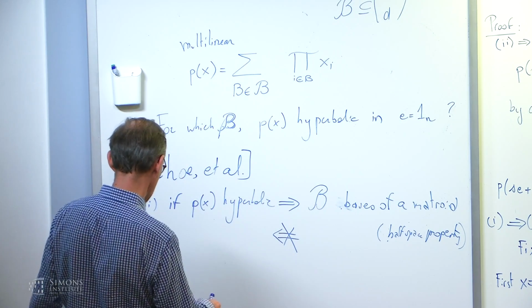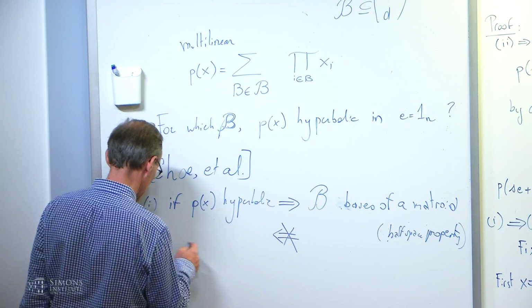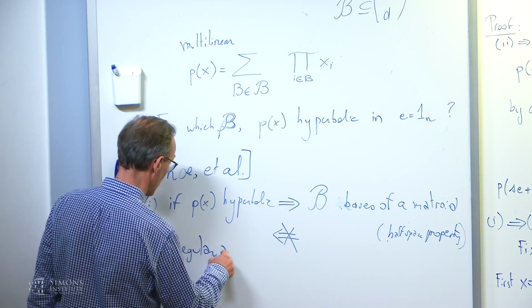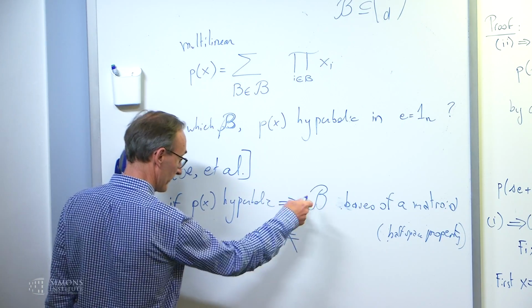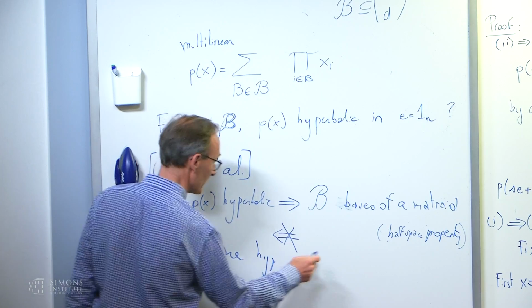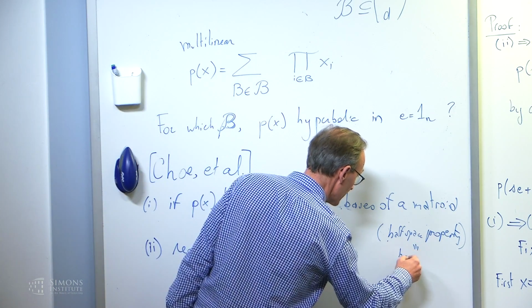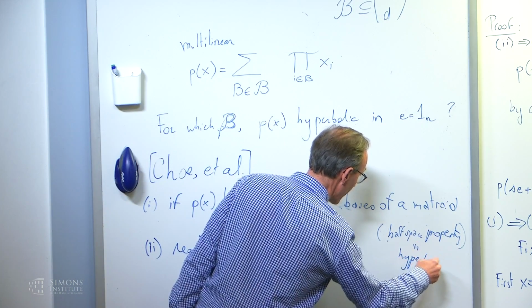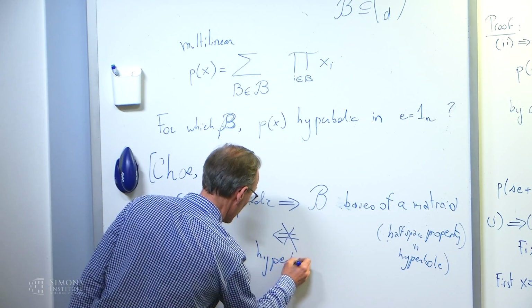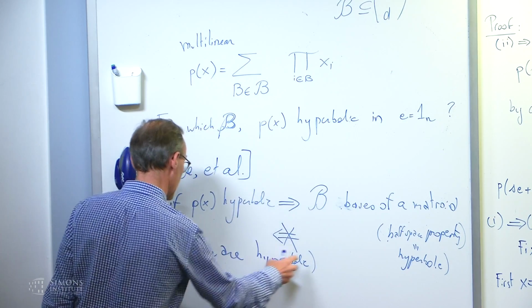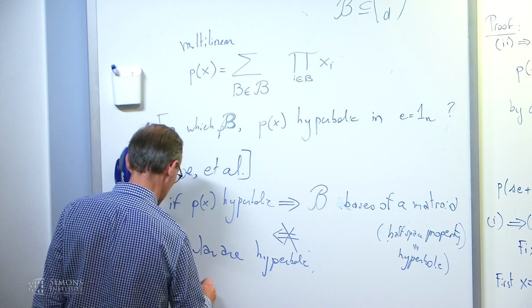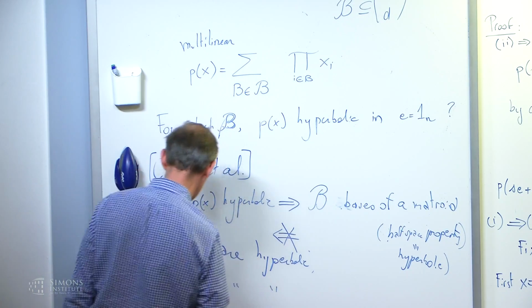We know that the regular matroids have that property, so they are hyperbolic. One can show that all the uniform ones are hyperbolic.